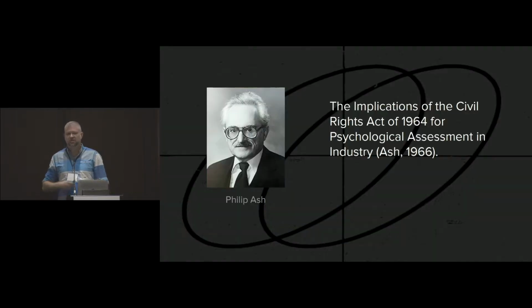And so we see that immediately after the passing of the Act, researchers of the period are discussing what the implications of this new law is for the field of standardized testing. What are the implications for people developing standardized tests, and the implications for people using standardized tests to make decisions in employment and in education?